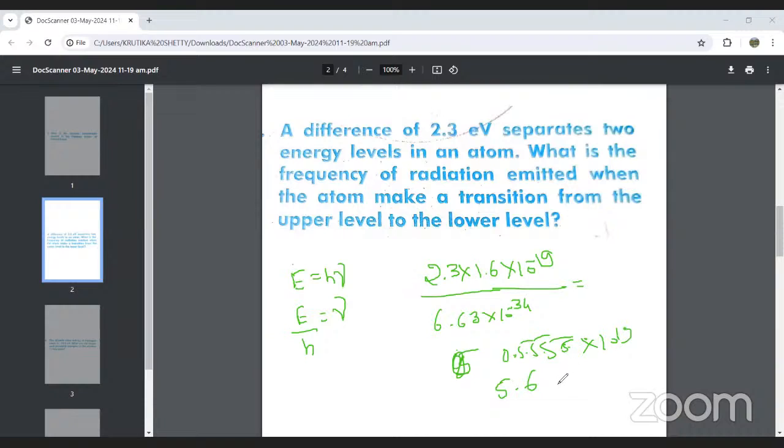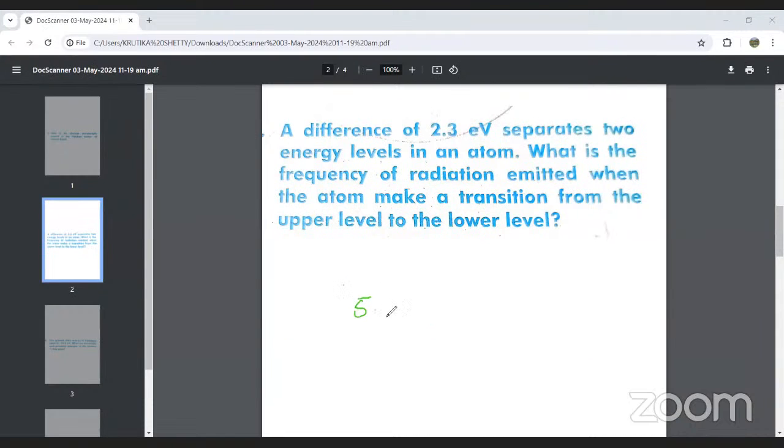So if I transfer the decimal, I can also write it as 5.6 into 10 to the power of 14 hertz. Check everyone your decimals. Yes, correct, no problem. That is 0.5550 into 10 raised to 15. If you shift just one decimal, it becomes 10 raised to 14, no problem.